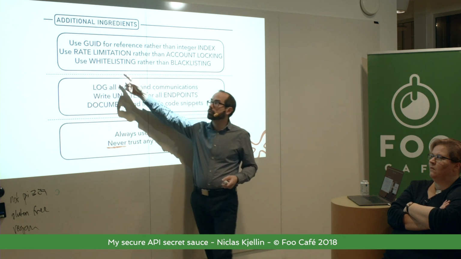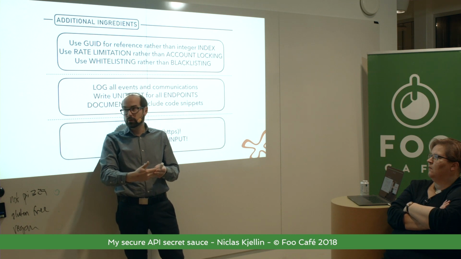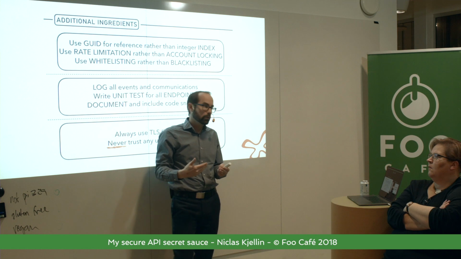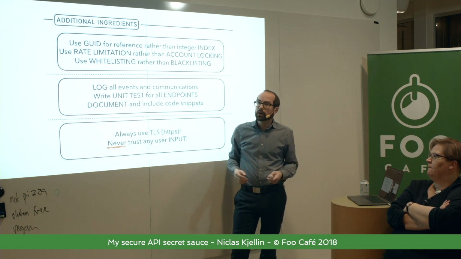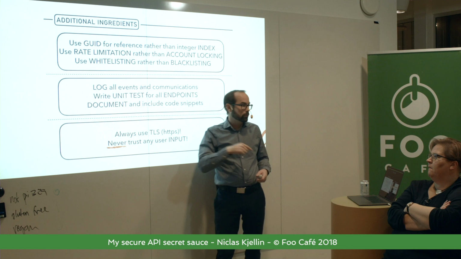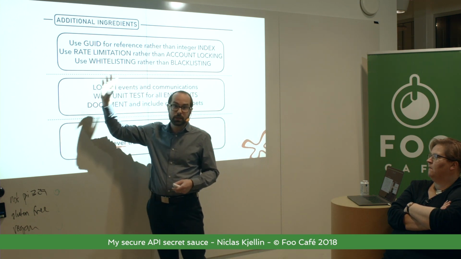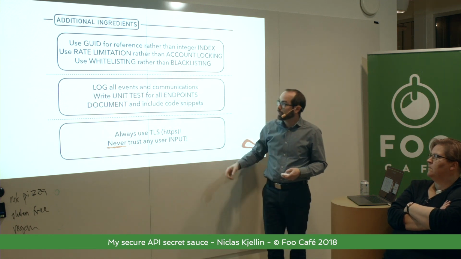So that's why you use rate limitation. The following request after an unsuccessful request will take a little bit longer to respond to. And that will pick up, and after maybe 500 requests or whatever it is, it'll take like 15, 20 minutes, an hour for the server to respond, which makes brute force kind of useless because it takes too long. Whitelisting rather than blacklisting, we talked about that.